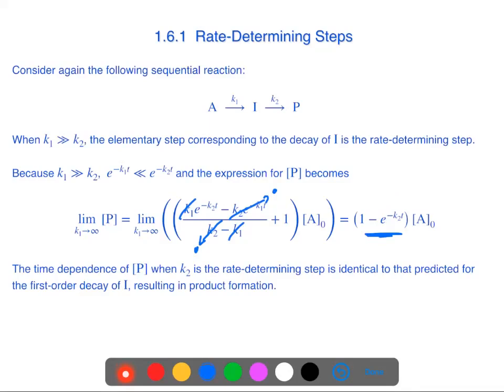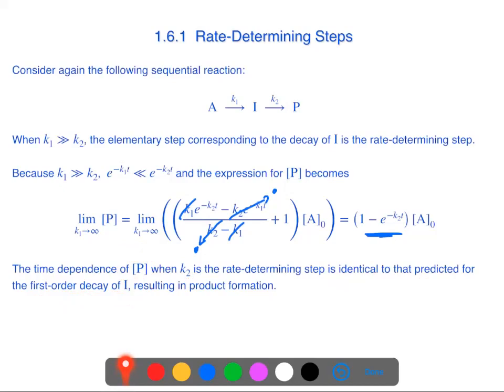So in summary, the time dependence of the concentration of the product when k2 is the rate determining step is identical to that predicted for the first order decay of the intermediate, resulting in product formation.